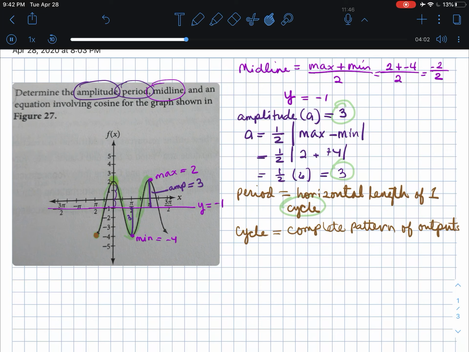So from here to here, the length there, that is my period. Or from here to here, that is my period. That period starts from 0 and ends at pi, so period is equal to pi.